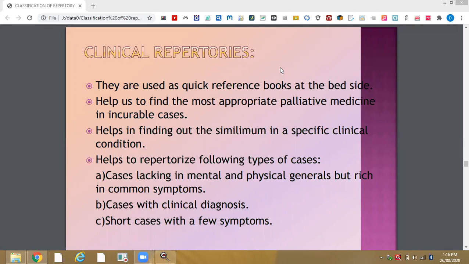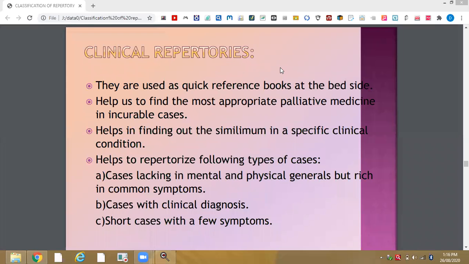To find the most appropriate palliative medicine in incurable cases, these clinical repertories are very helpful. Then it helps in finding the simillimum in a specific clinical condition.